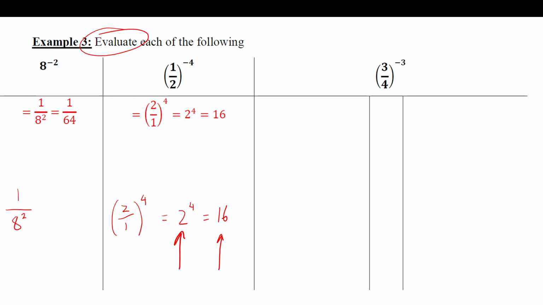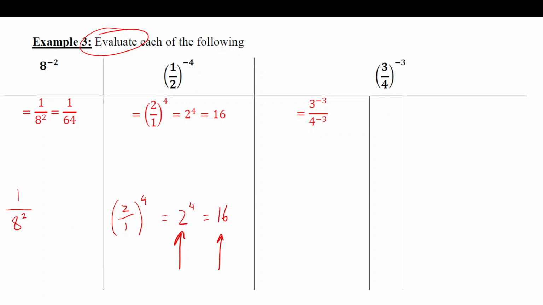For this third example here, we have a couple of different techniques that we can do. We can just do the same thing we did before, flip it and raise it to the positive power. But let's try something else first. Let's raise each number in that fraction to the power of negative 3. So 3 to the negative 3 over 4 to the negative 3.